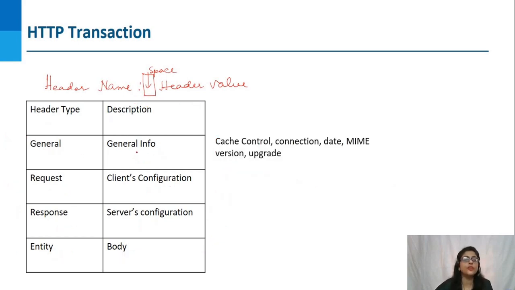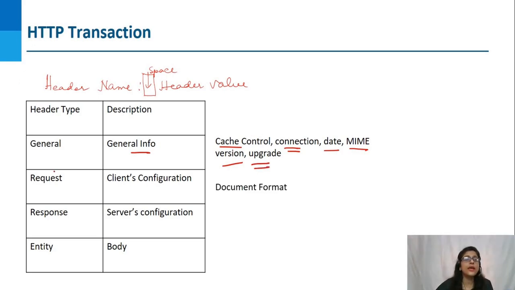For general information, it basically gives information about the cache control. It gives information about the connection status, then date, then MIME version. MIME is multipurpose internet mail extension. It is a form of electronic mail protocol and the upgradation version.